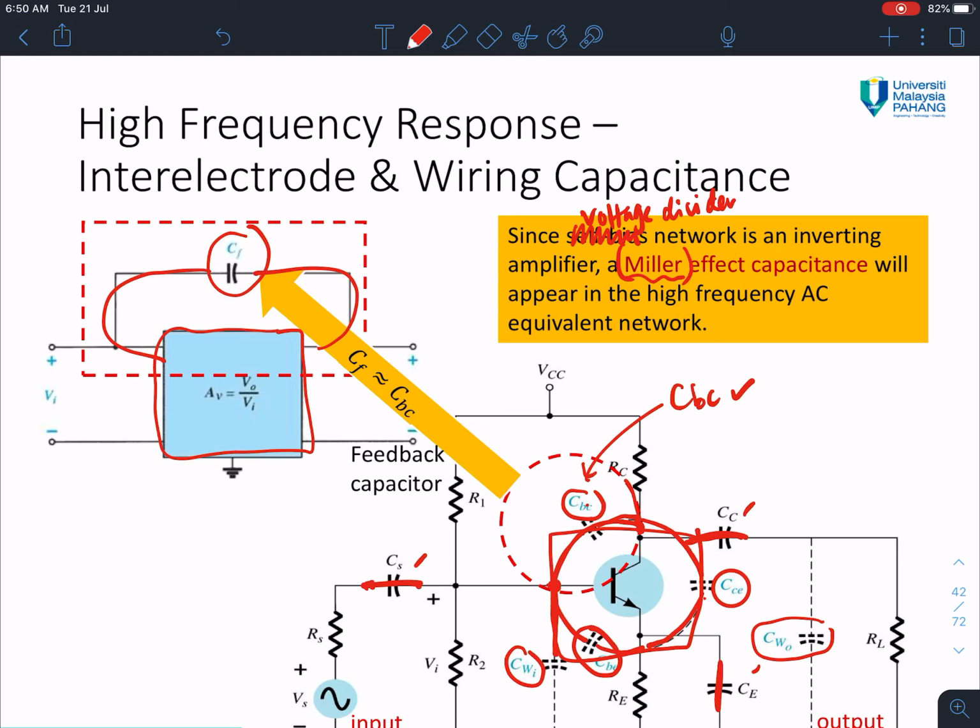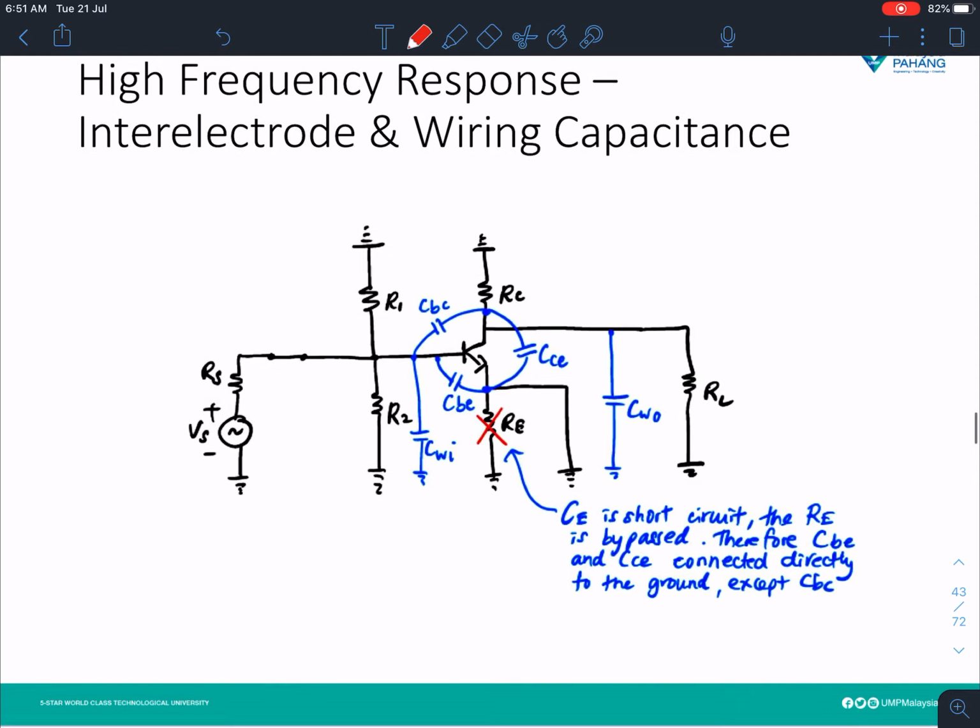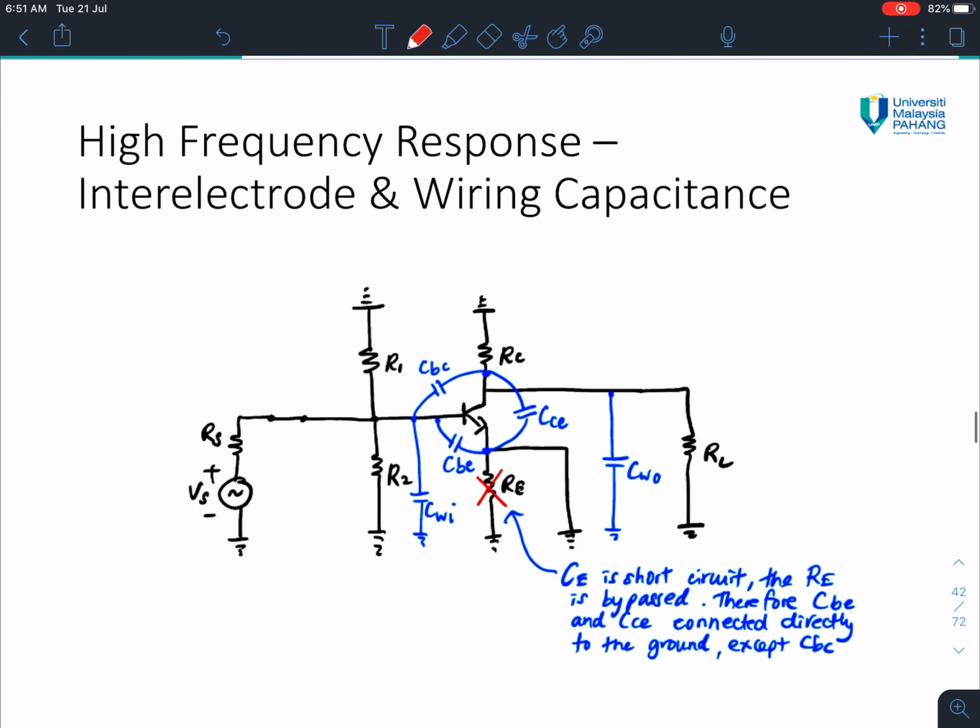I will explain in the next slide. So for the high frequency response, we use the Miller effect capacitance in this frequency calculation. Take a look here, the frequency response with the interelectrode and wiring capacitance.